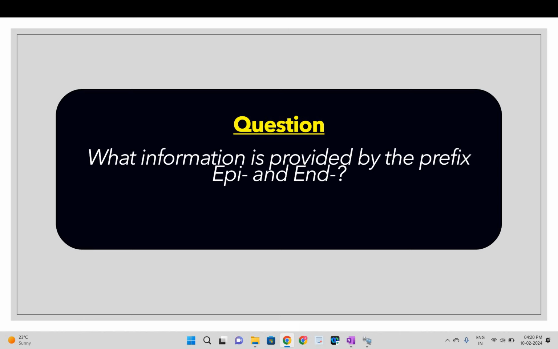Okay, so this is all about infra, and these are the questions which I recommend you put in the comment section, because these are the things that we have already discussed, and that's why I request you to share your knowledge. If you have any doubt, you can refer to the previous session. These questions are mainly prepared so that you can recall everything that we have learned so far. So the question for today is, what information is provided by the prefix epi or endo?